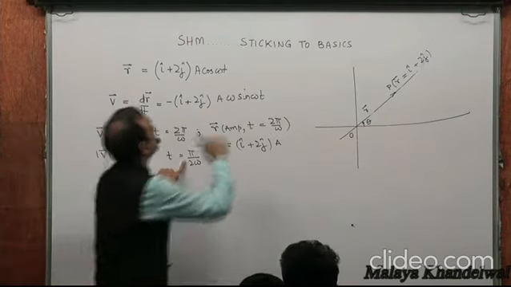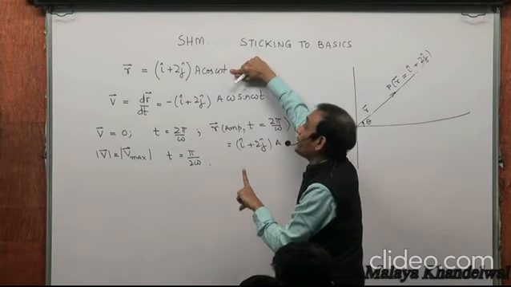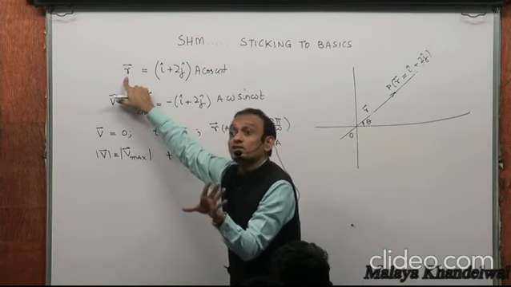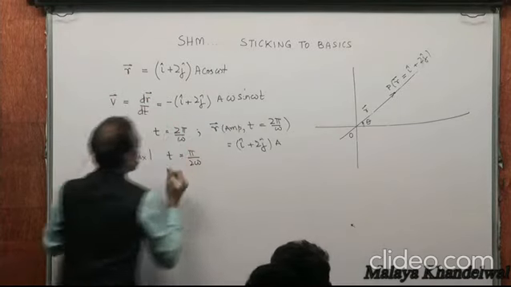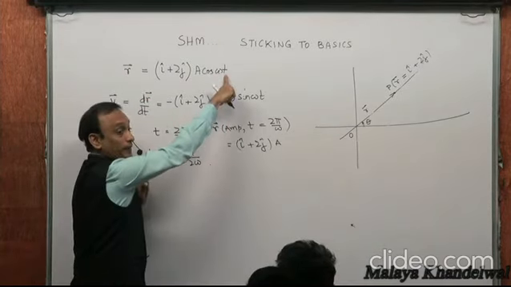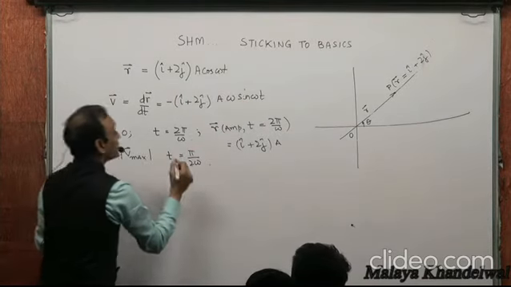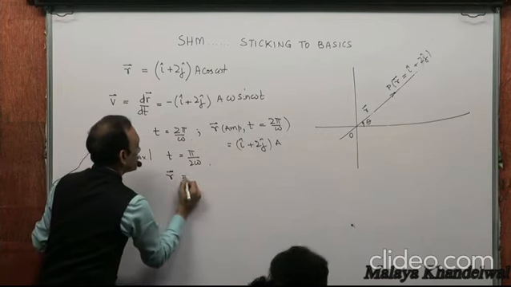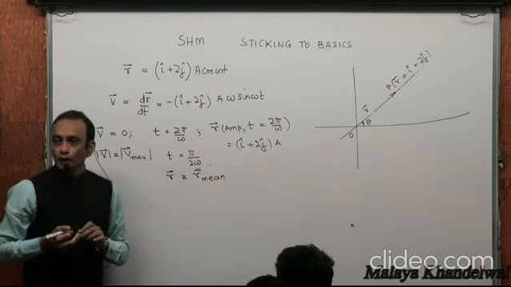So if you plug in t equal to pi by 2 omega here, you'll get the position vector of the mean position. That's the point where v becomes maximum in magnitude. At this position, r would be the position vector of the equilibrium position or the mean position.